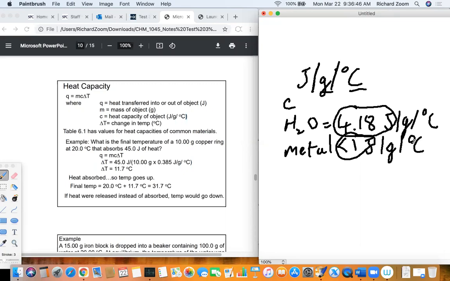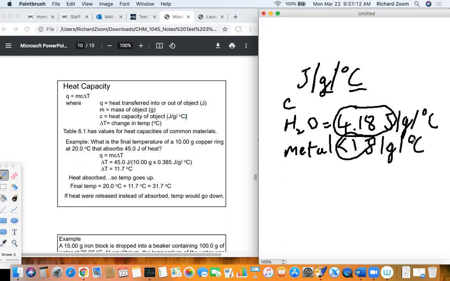If you're raising water from 25 degrees up to 100 degrees, it has to go up 75 degrees Celsius, which needs 4.18 joules for every one of those degrees, and for every gram as well. So a lot of energy needs to go in to raise the water to boiling.